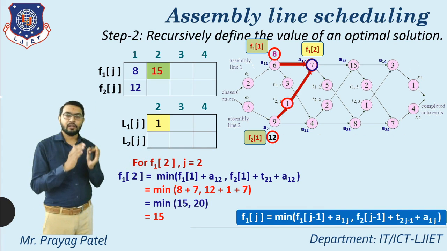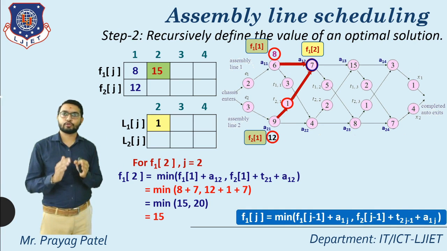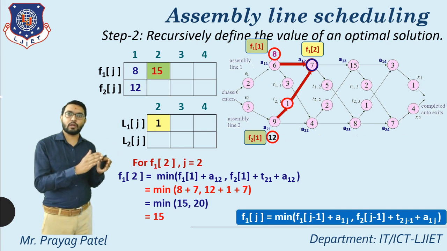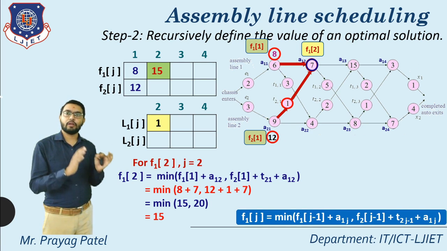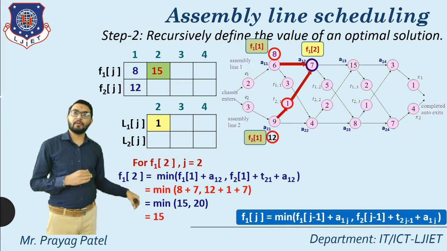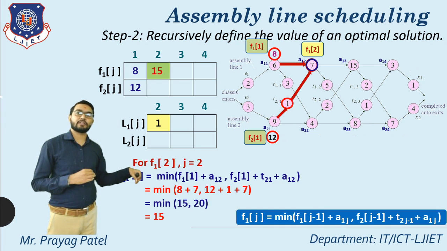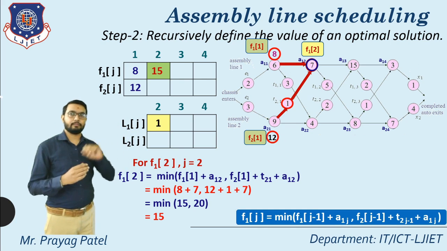So in the equation, first part is from line number 1 and second part is from line number 2. If the answer is first, then consider line number equal to 1. If the answer is second, then consider line number equal to 2. Remember this point: 15, 20. Then 15 is minimum, which means 15 occurs from line number 1. So consider L12 equal to 1.